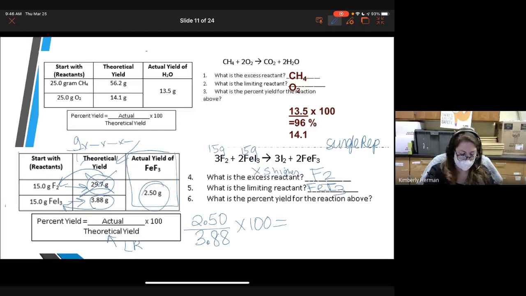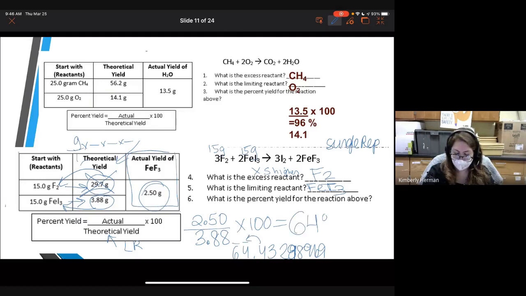So we're going to do 2.50 divided by 3.88. We get our decimal, and then we times it by 100. So notice that we get 64.4329298969. And then we're going to round to the nearest whole percent. Will 4 round 4 up? Nope.